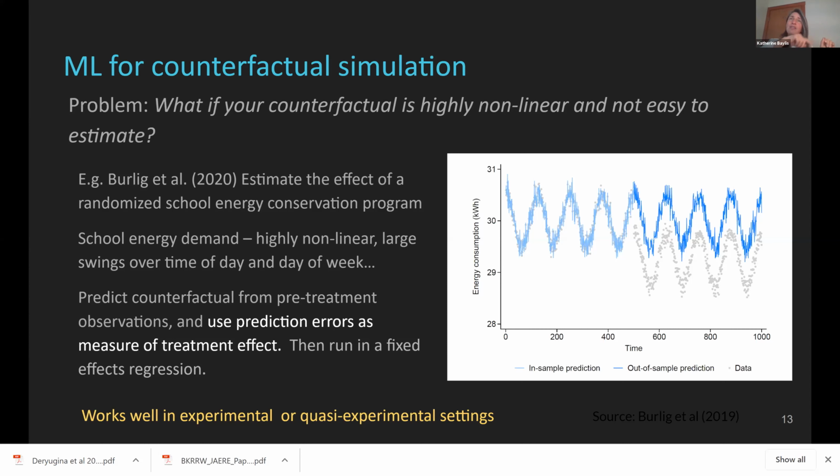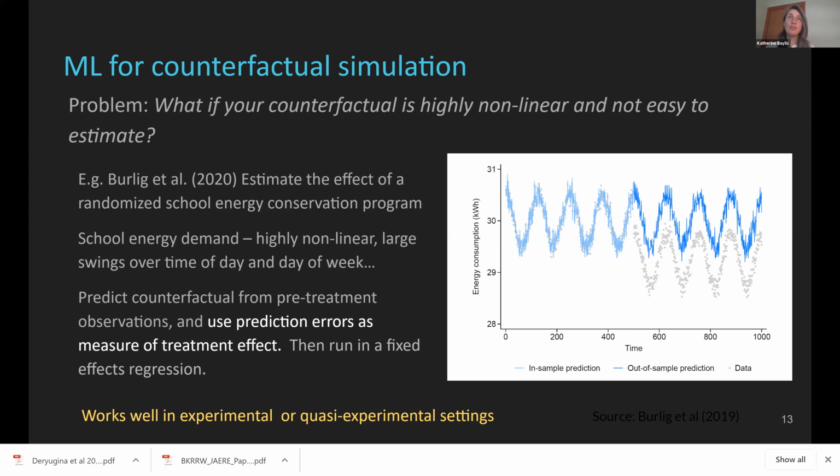Then they take the difference between that counterfactual estimation. This is not their actual data. This is a heuristic to try and describe what they're doing. But you can imagine they're taking that light blue segment of the in-sample predictions, using that same model to forecast out for the counterfactual, that's the dark blue lines.